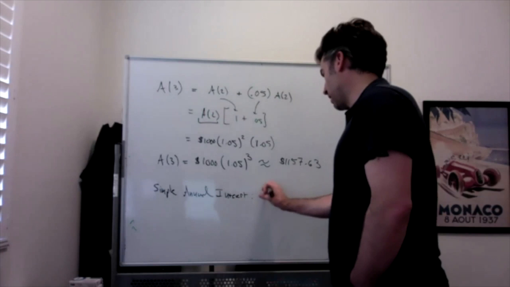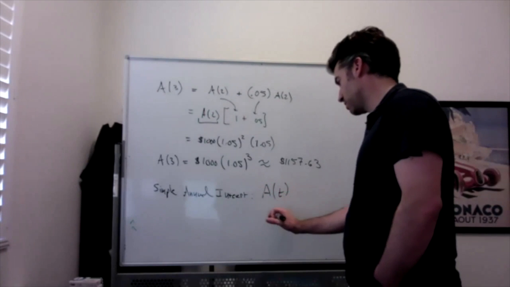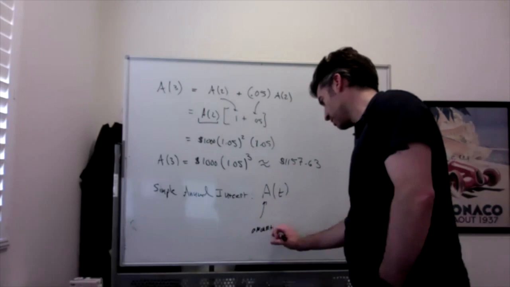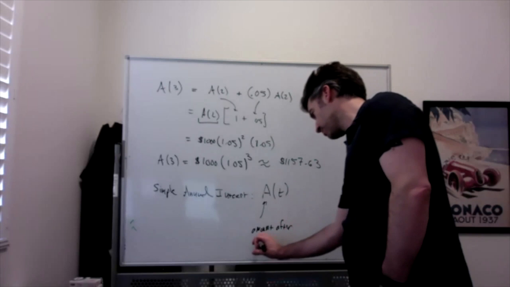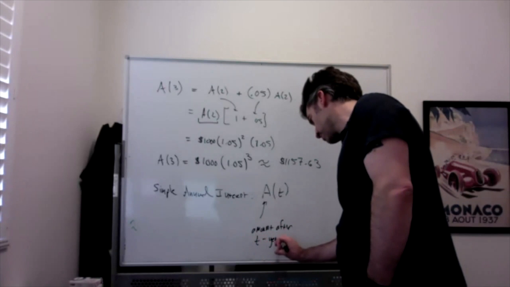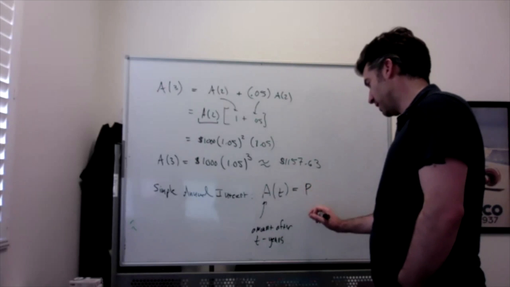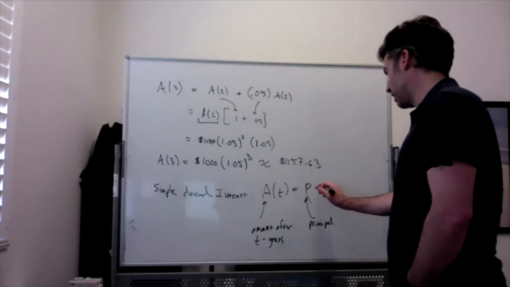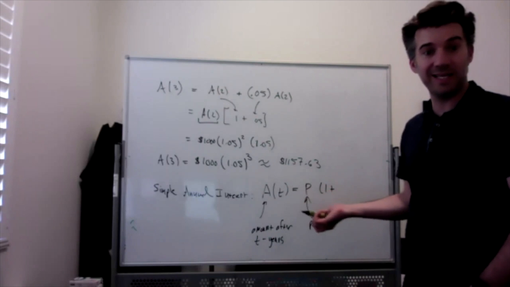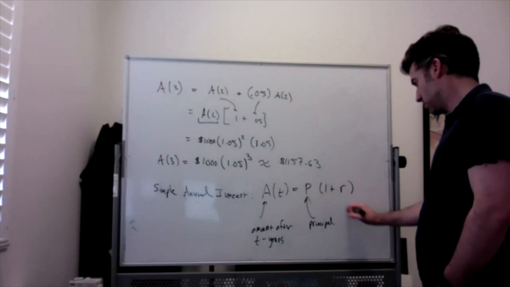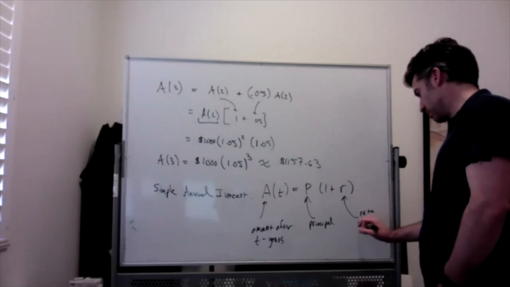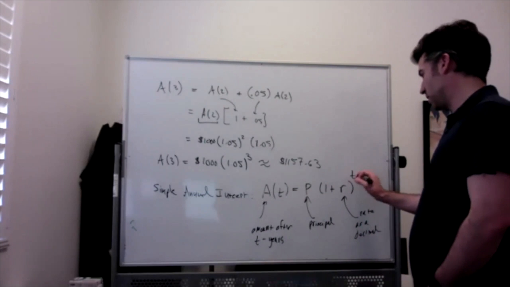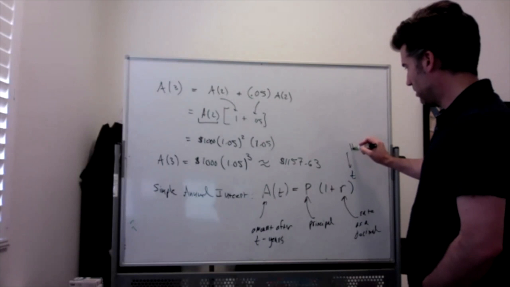The amount of money you have after T years is equal to your principal, that's just your initial starting amount, times 1 plus your interest rate as a decimal, to the Tth power, where again, T is the number of years.